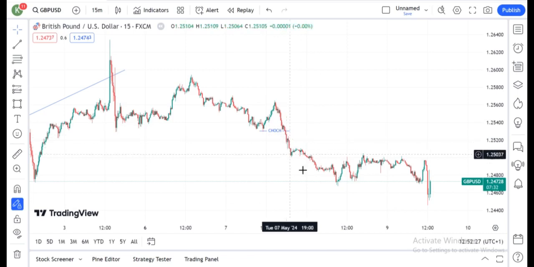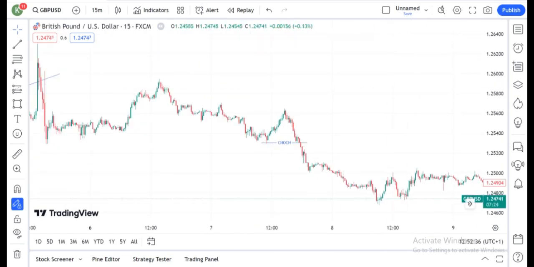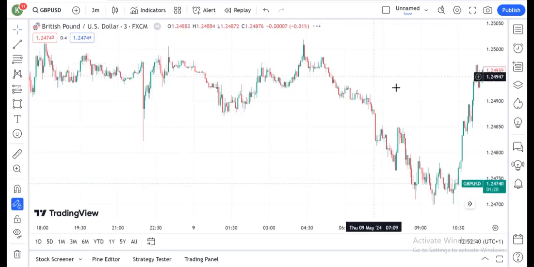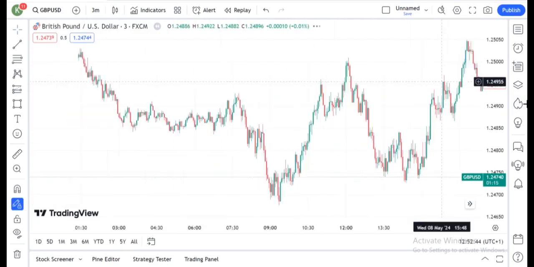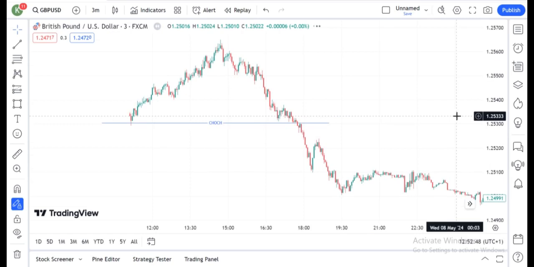All you need to do is you wait for, if you look very well, if you come down to let's say 3 minutes time frame, take note of the time frames I used.